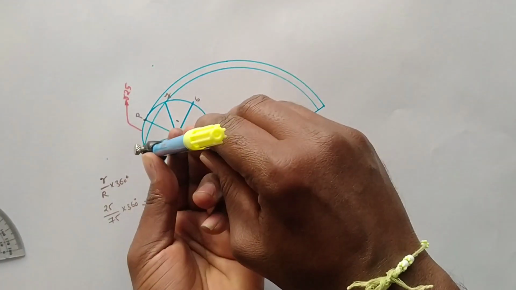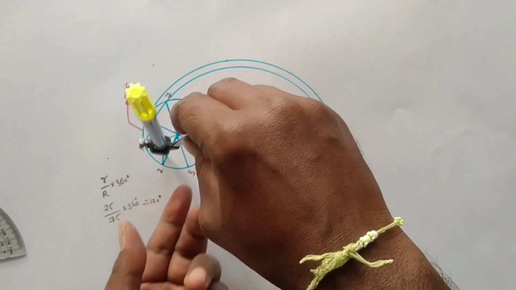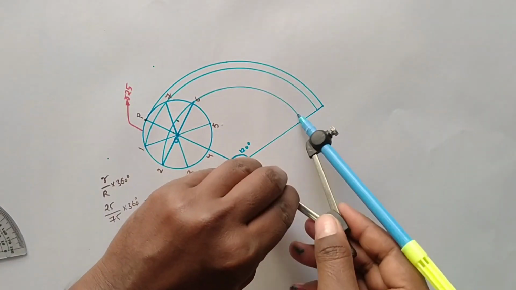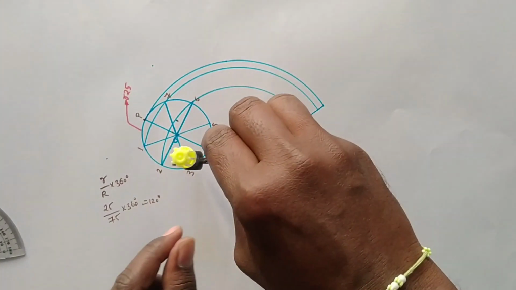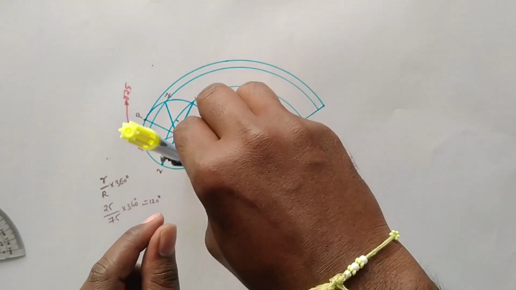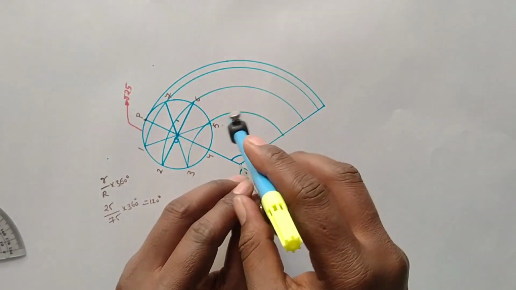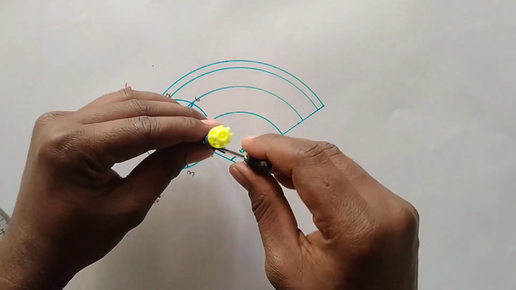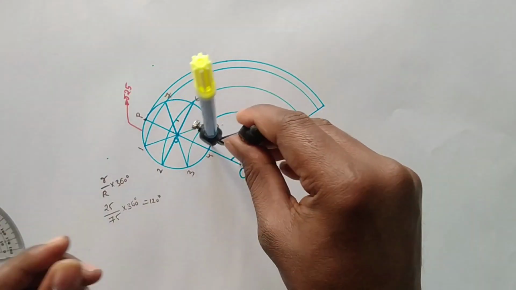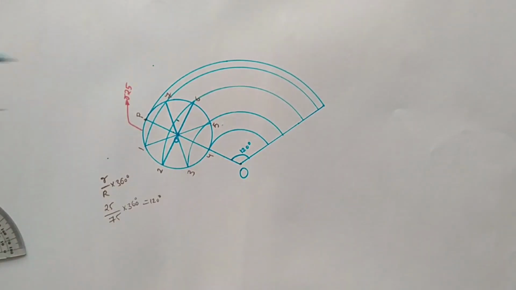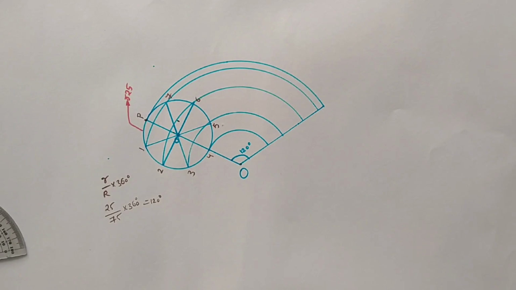Next, 2 and 6, draw a curve. Next, 3 and 5, draw a curve. And finally, the bottom point is 4. Draw a curve.